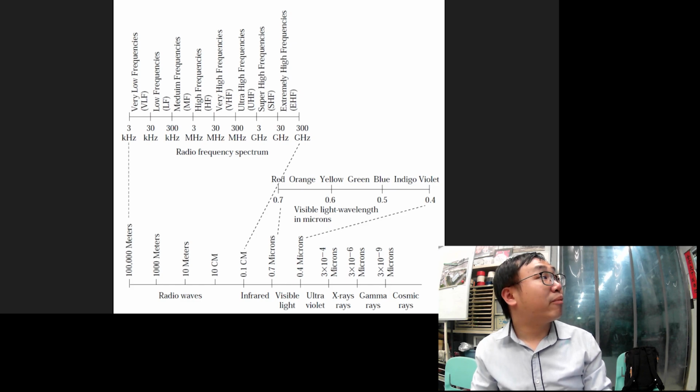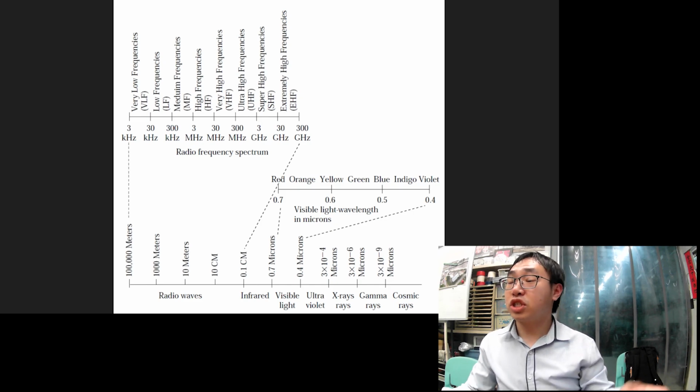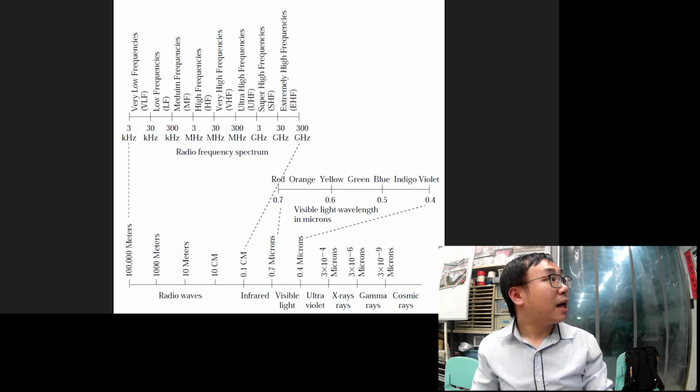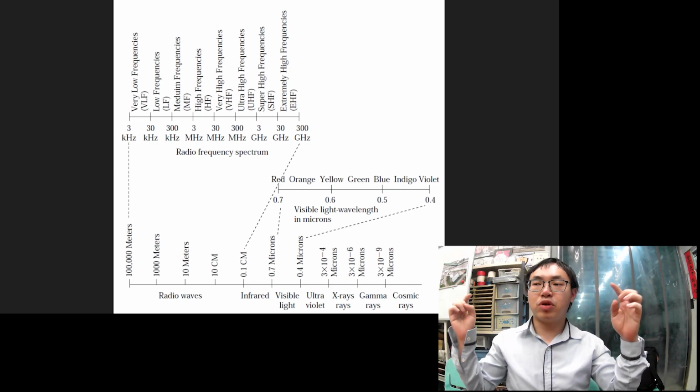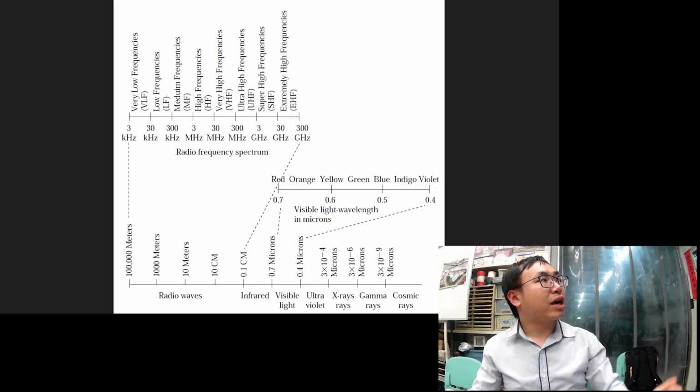After 3 megahertz to gigahertz, it is high frequency, very high, ultra high, super high, extremely high. Just the names. For frequency lower than 3 megahertz, it is medium frequency, low frequency, and very low frequency. You have to remember the names, but bear in mind that 3 megahertz is the line.